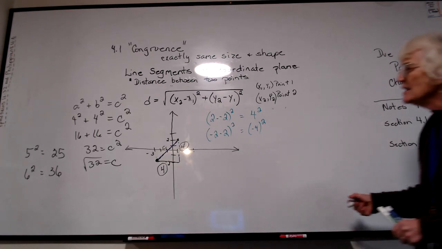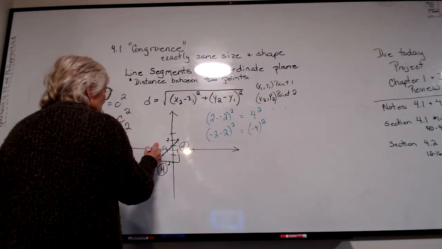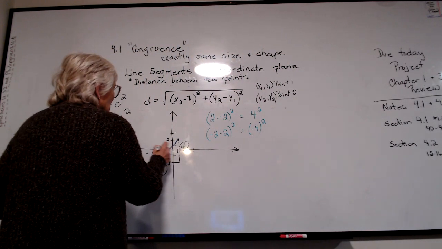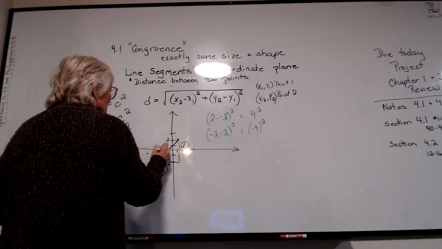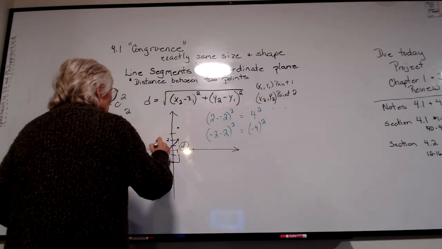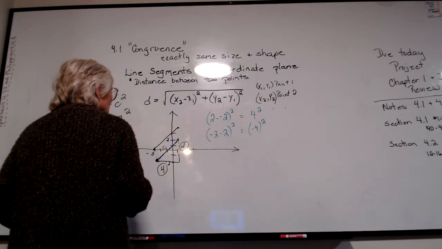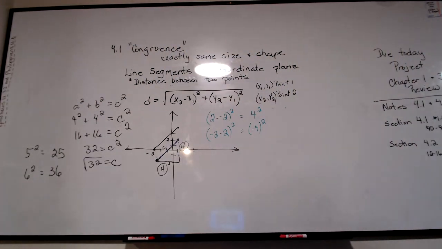So if I had another line, say it goes from here, and I'm going 4 and 4. Say I had that line segment. And if I calculate that, what do you think I'm going to get? Is it congruent? It's congruent.